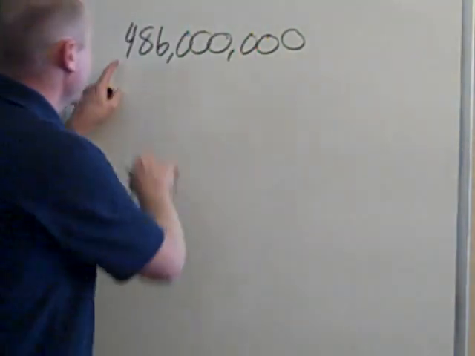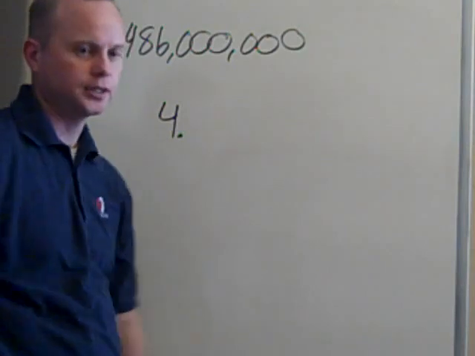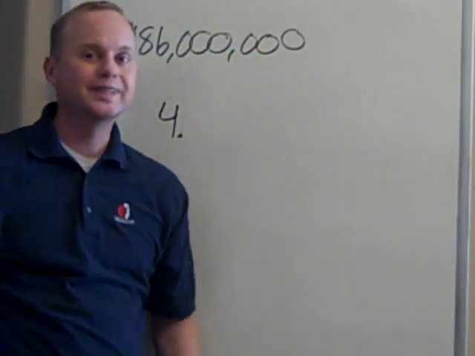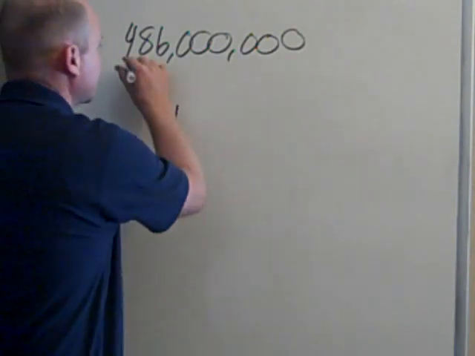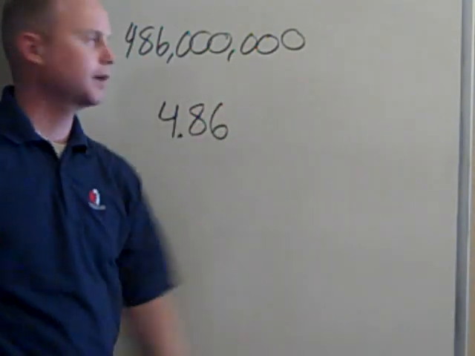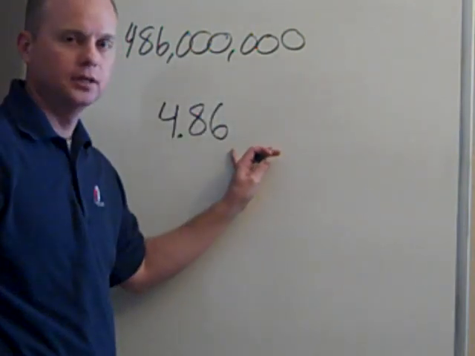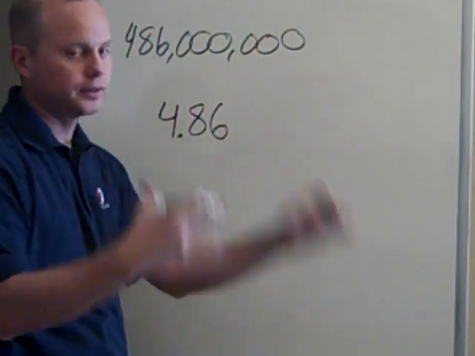Basically we take our first digit here, which is 4, and then I put a decimal right after it. If it's a 4 that's between 1 and 10, I'm good to go. So 4 point, and then I write the rest of the numbers all the way until I hit nothing but zeros. Everything else here is 0, so I stop. The object of scientific notation is to get rid of having to write all these zeros all the time.